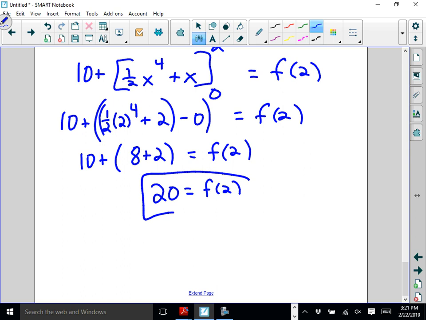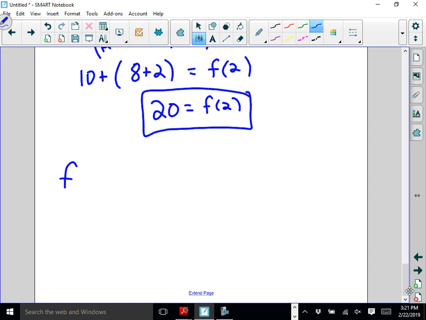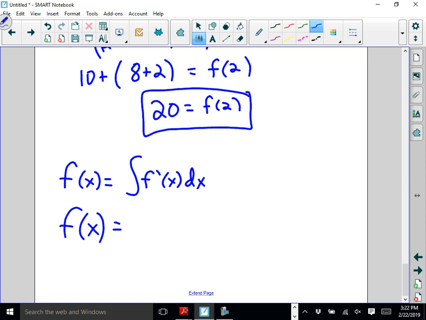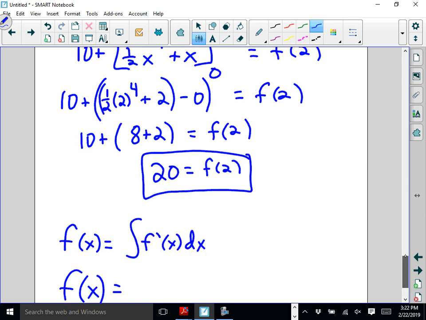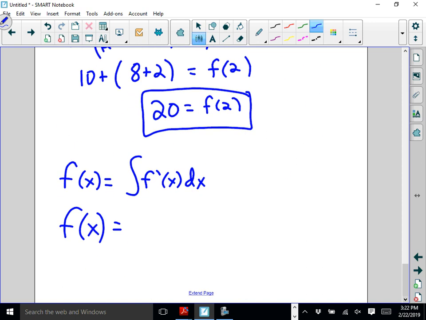Okay. I want you to get in the habit of using both initial condition plus as well as solving for C. Again, if I solve this thing for C, here's what I would know. I know that f of x has to equal the antiderivative of f prime of x. So I'm just going to solve this again, and I should get 20. F prime was 2x cubed plus 1, so my antiderivative here is half x to the fourth plus x plus c.